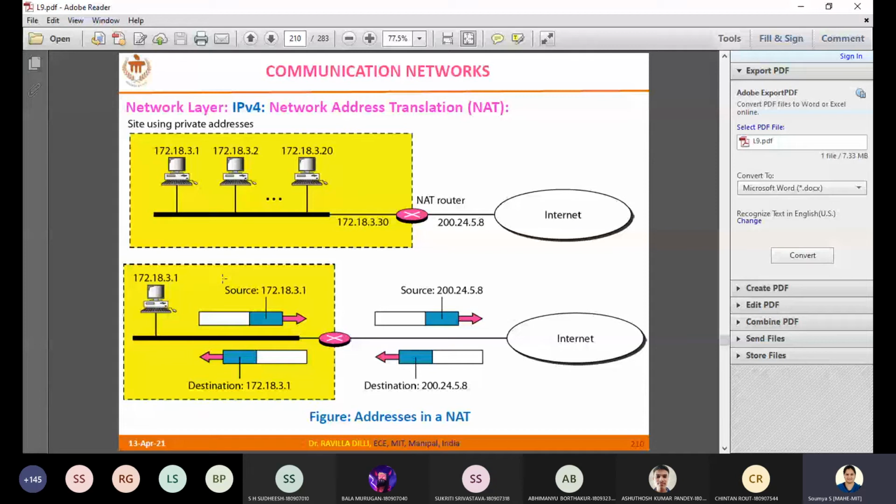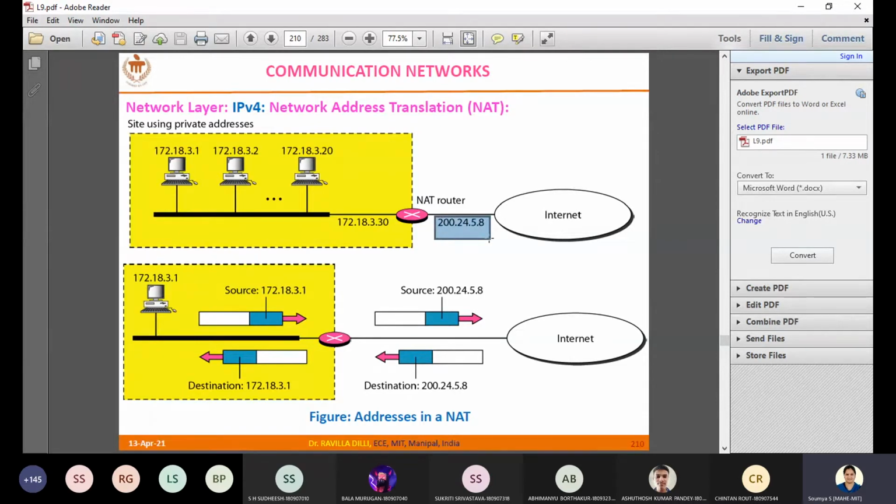Now, these are the sites that are using private addresses. Look at this. The first system has the addresses 172.18.3.1, 18.3.2, 18.3.20, like that it goes on. And this is a router. The router's IP address is something different. It is 200.24.5.8.